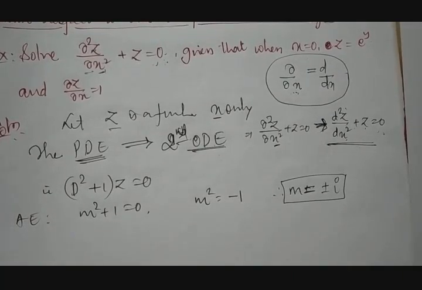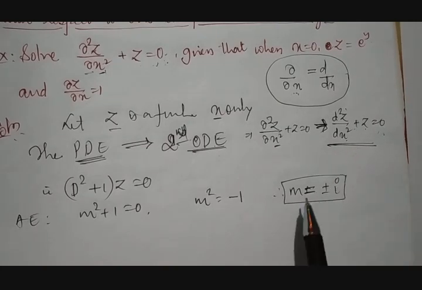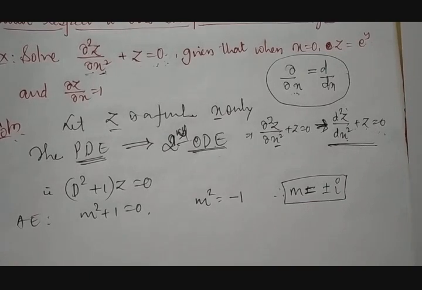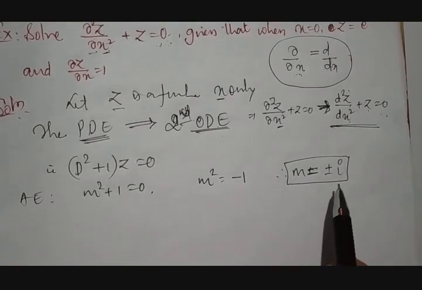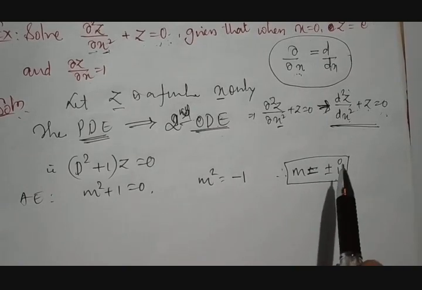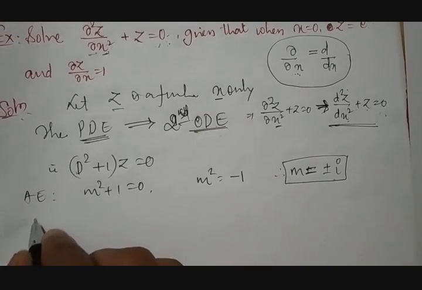If m is equal to plus or minus i, we know that in a homogeneous ordinary differential equation, after getting the roots, we go for the complementary function, and since it is a homogeneous differential equation, the complementary function itself will be the general solution. So we say it as a solution.